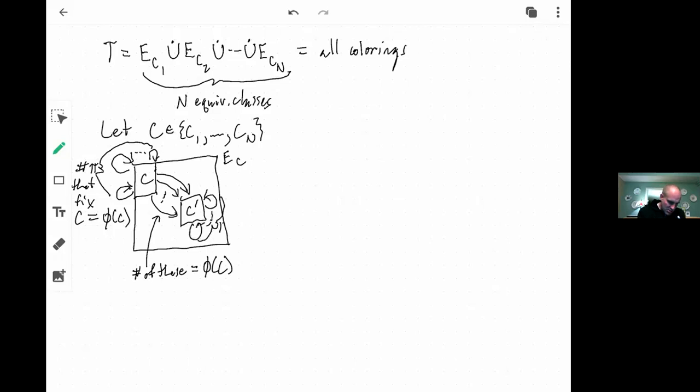So the number of these is equal to phi of C, which is phi of C prime also. All of these things are the same. And even if I went backwards from C prime, that number would be phi of C as well. So that's important information. Let's try to make use of that somehow.